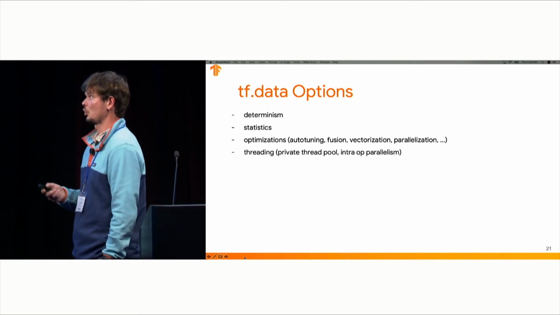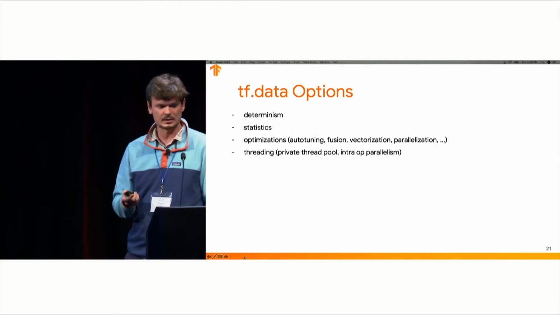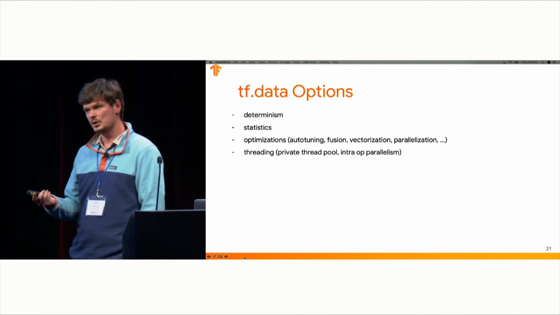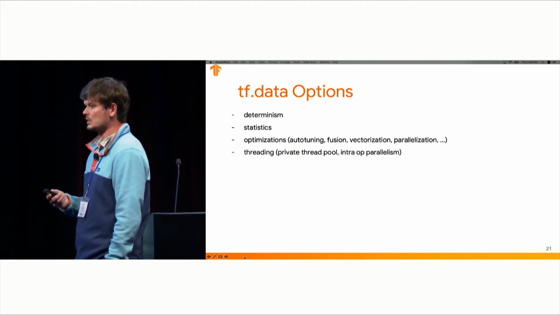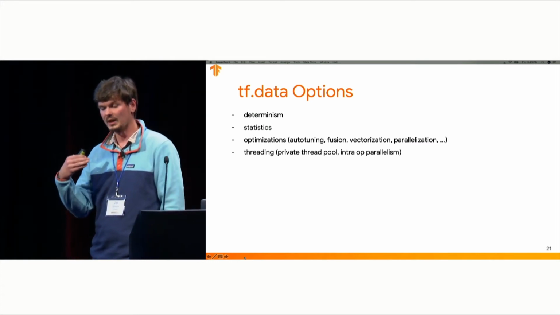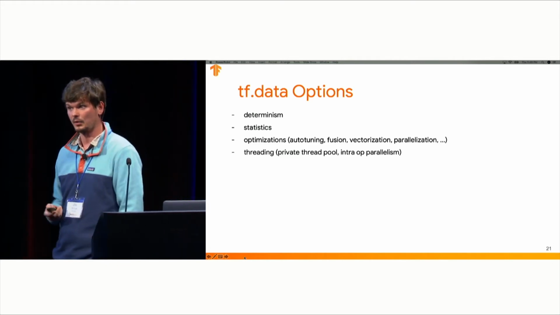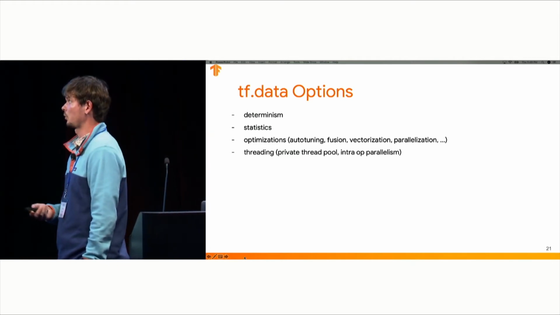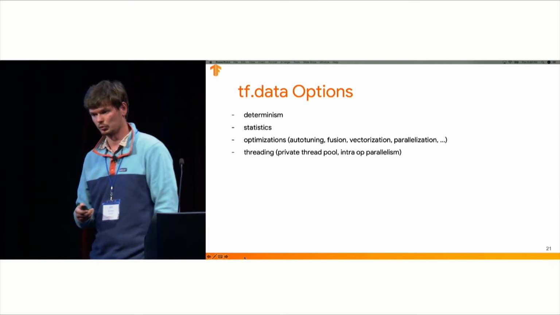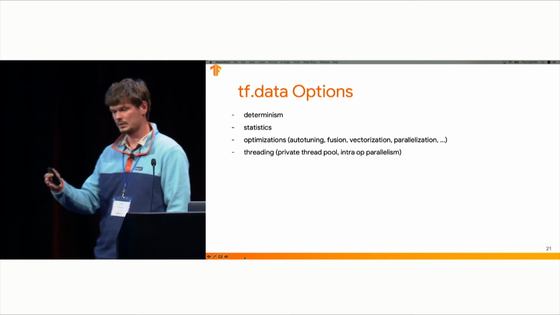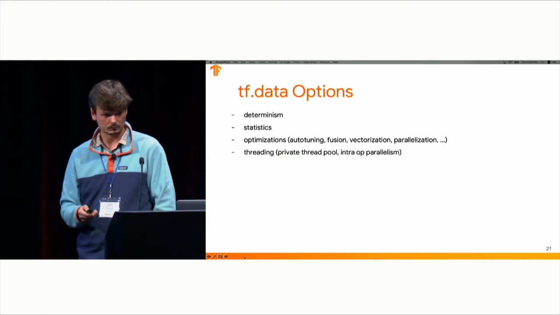For example, controlling whether your input pipeline should be deterministic or not, how to collect statistics, which optimizations that are not enabled by default should be enabled, as well as controlling more advanced aspects of your input pipeline, such as whether to use a dedicated thread pool for execution of the background threads, or something called intra-op parallelism, which basically controls whether the individual ops in your computation should try to be parallelized or not.